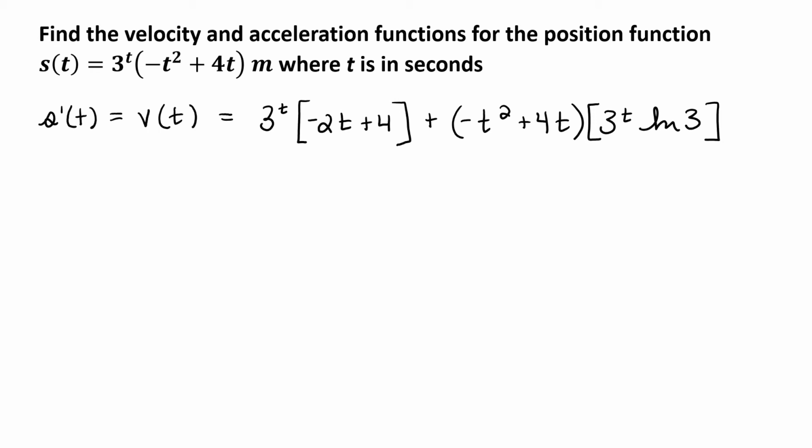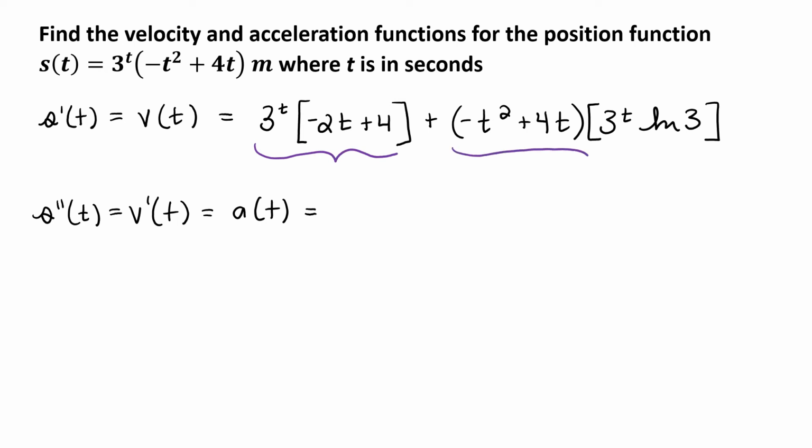And then we'll want to find the next derivative. So s double prime of t is equal to v prime of t is equal to a of t, which gives us our acceleration. We'll have to use product rule for this piece, and then product rule again here.